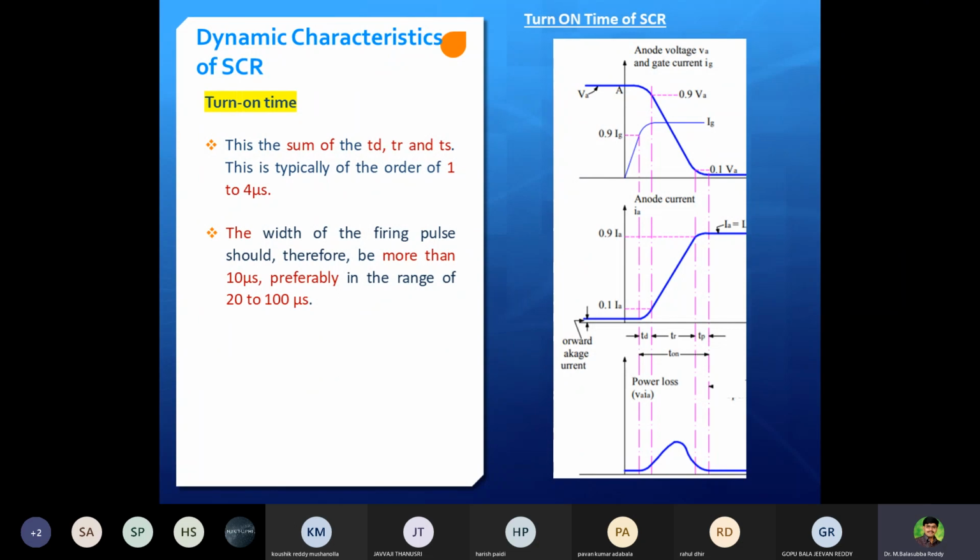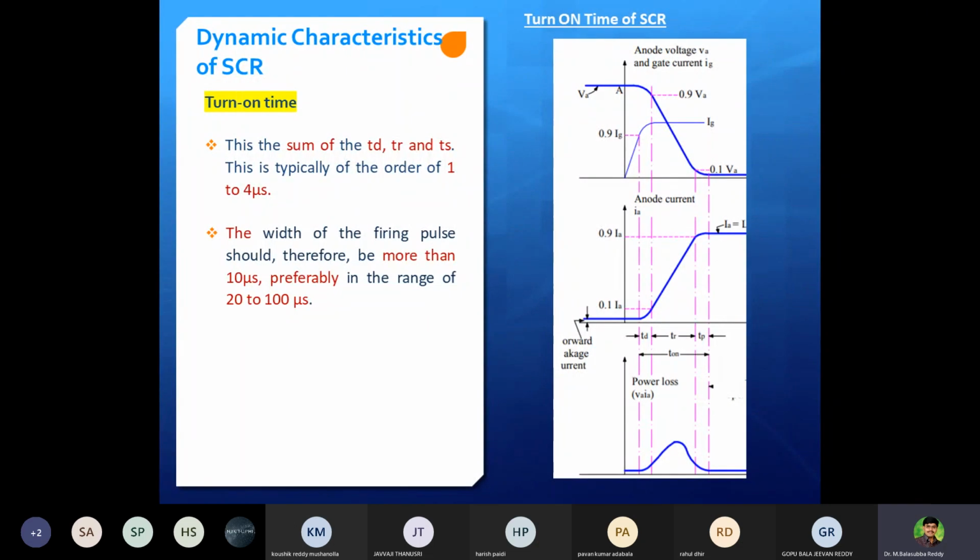The width of the firing pulse should be more than 10 microseconds, or preferably we must give firing pulses of 20 to 100 microseconds. Why do we specify that? Because within that time duration the device is going to fire. For that we need to allow the gate current or pulse for that much interval.